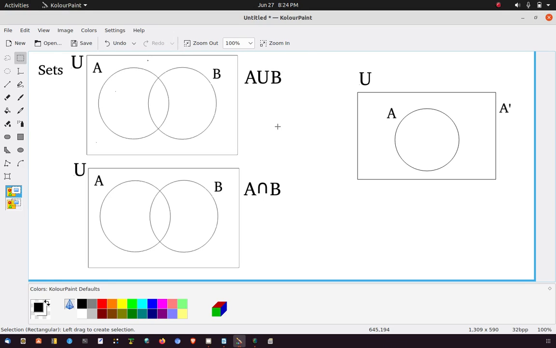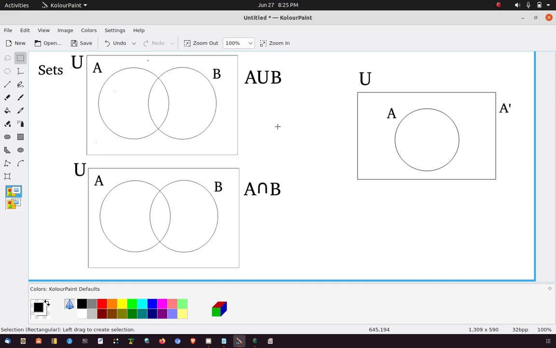Let us just look at these three ideas of union, intersection, and complement, and see how they would relate to another subject. Now, you probably have done the logic gates in information technology.